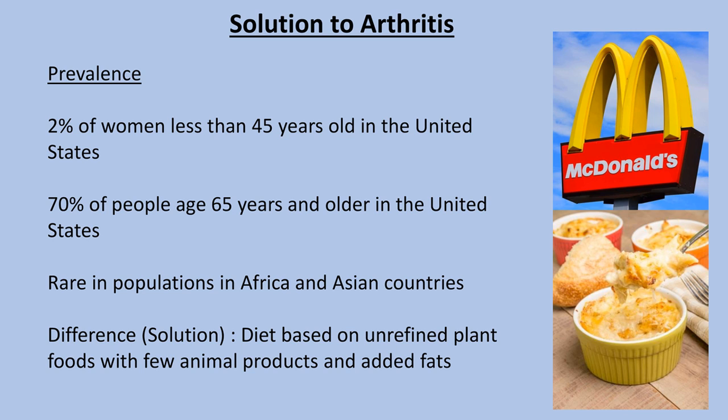But eventually, through the use of x-rays, we've noticed that 70% of people above the age of 65 years and older show signs and symptoms of arthritis. So my question is, what happens to people between the age of 45 and 65? What happens that the prevalence of arthritis moves from 2% to 70% all of a sudden?